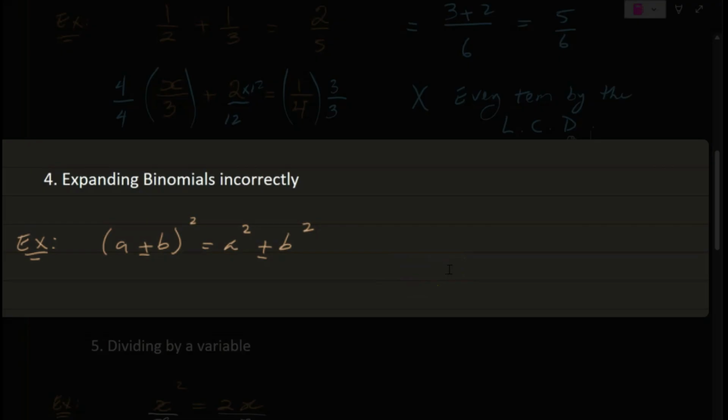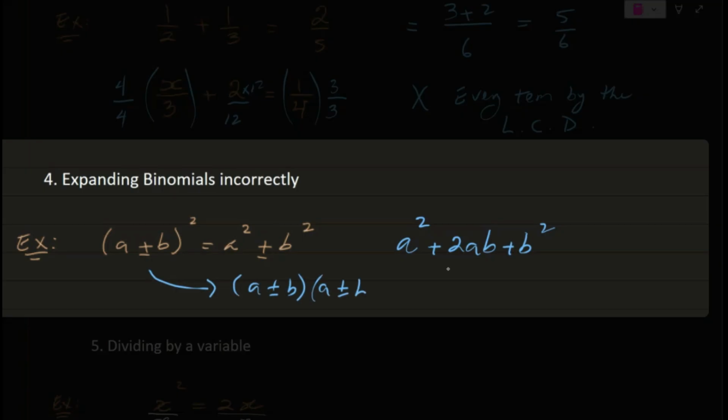But remember, you have to expand that. This is a squared plus 2ab plus b squared. The reason is that this thing right here is a plus or minus b times a plus or minus b. There are two binomials being multiplied, because there's a power of 2, or exponent of 2.